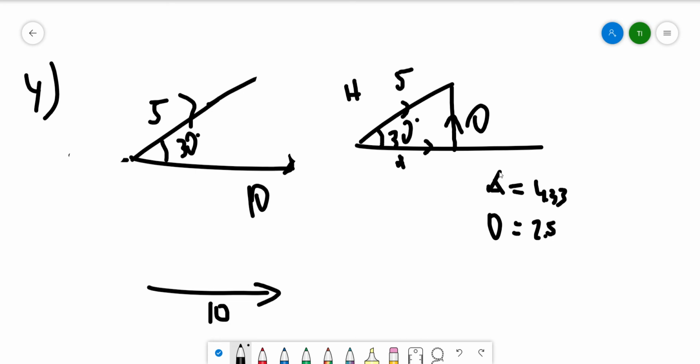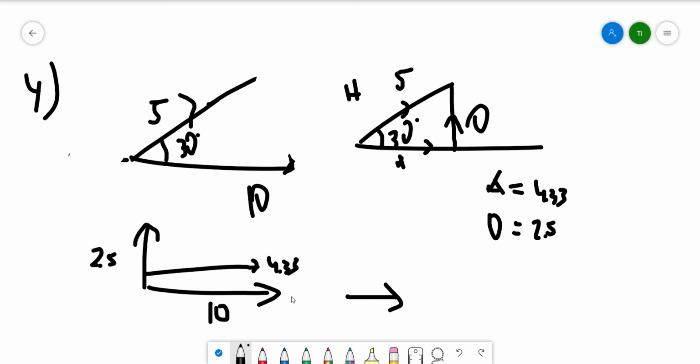So now you have a horizontal force and a vertical force, and you see that the horizontal force acts in the same direction as the 10 newton force. So this is the opposite, 2.5 upwards, and this is adjacent, 4.33. So what you do is you add the 4.33 to the 10, and you align this in head to tail fashion.